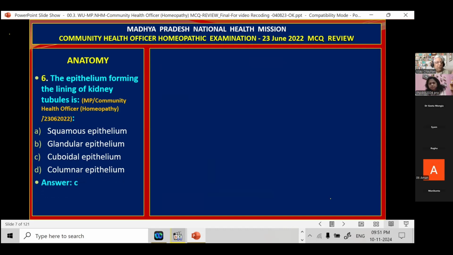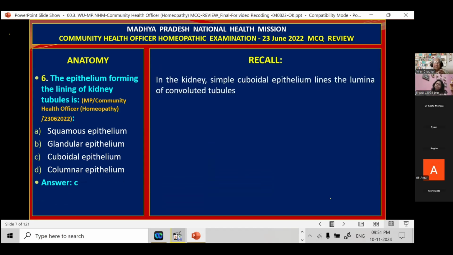Okay, it is a difficult question for me. The answer is C. Let us recall, in the kidney, simple cuboidal epithelium lines the lumina of convoluted tubules.